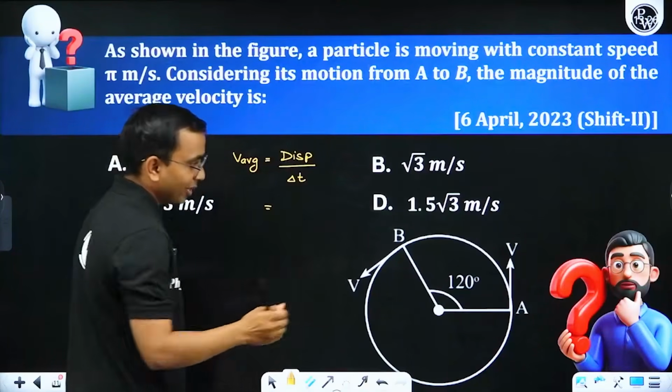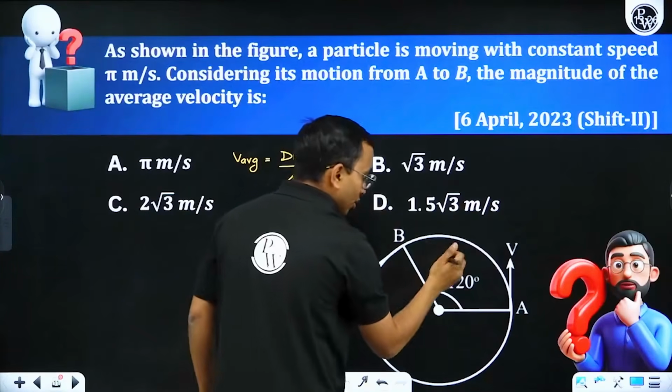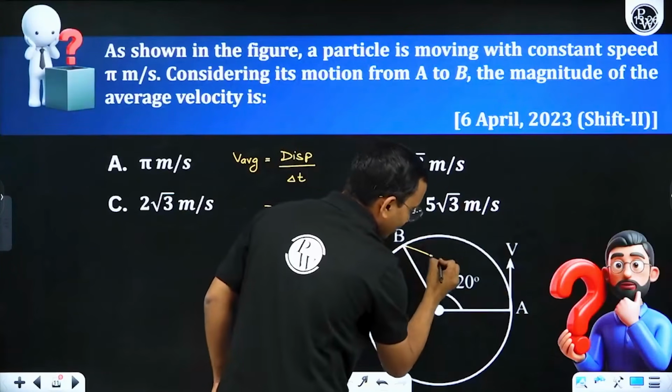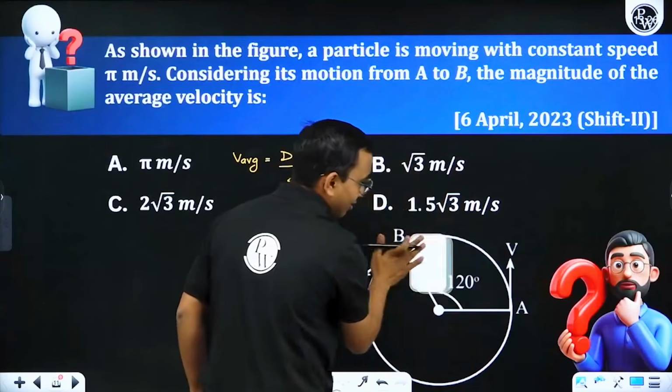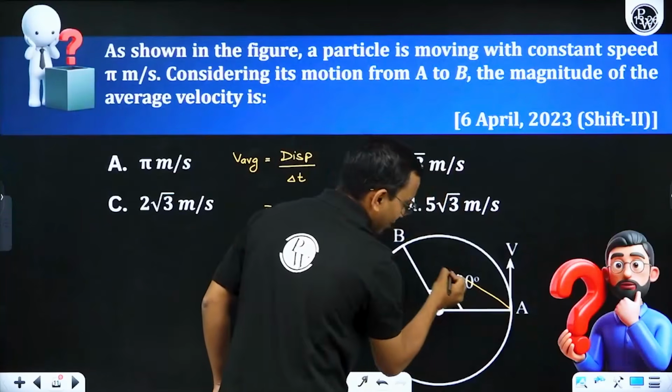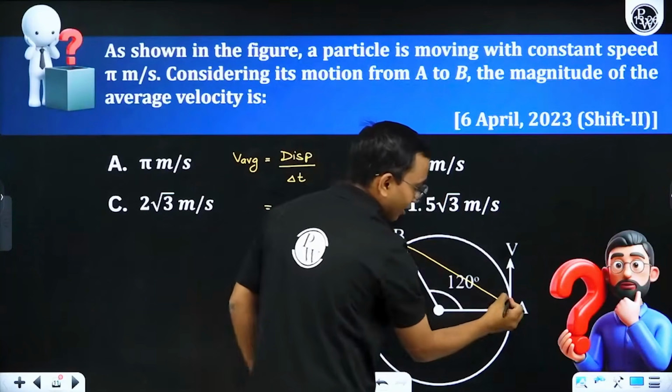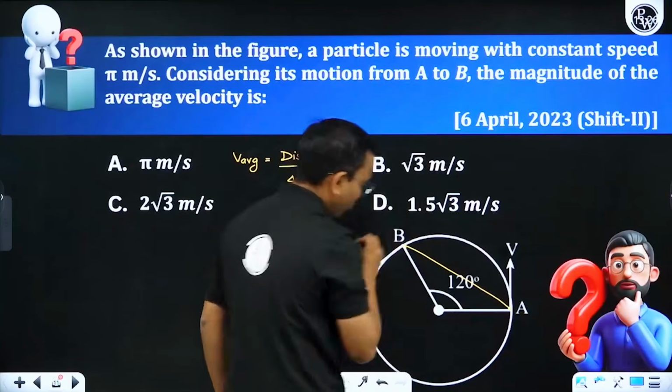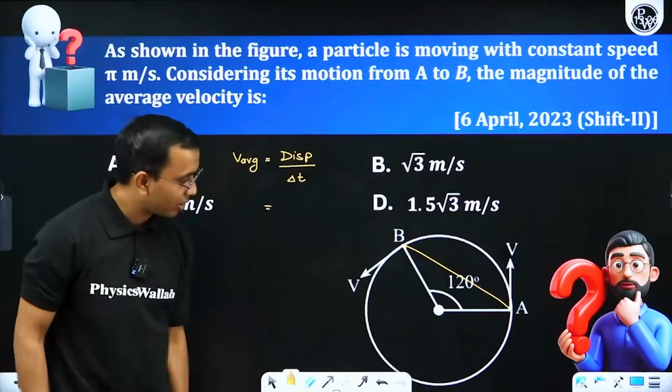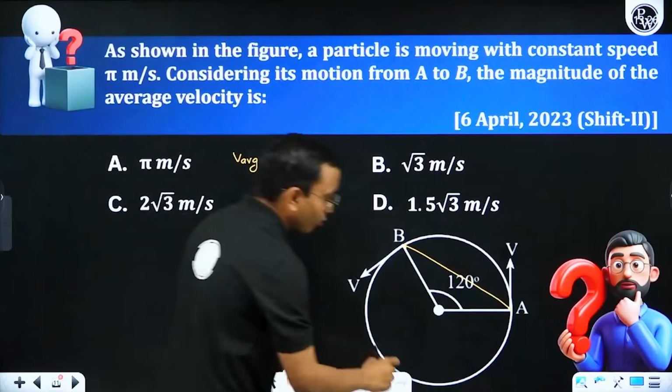How much is the displacement? It is moving from A to B. Displacement is this length between the two positions, final and initial position. Now how to find that?